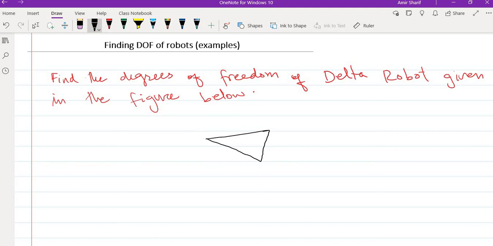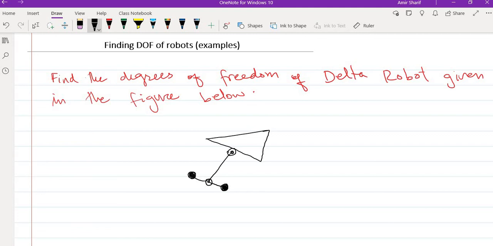I make a revolute joint here, and this is attached to again a revolute joint here. This revolute joint is attached to a spherical joint here. I make the spherical joint darker to distinguish it from the revolute joint.